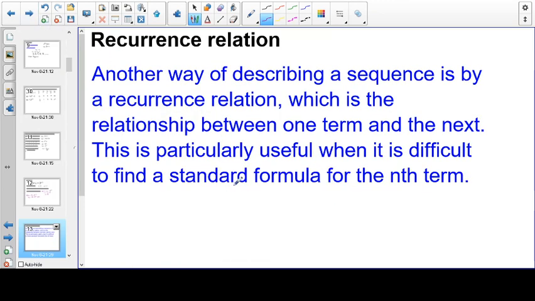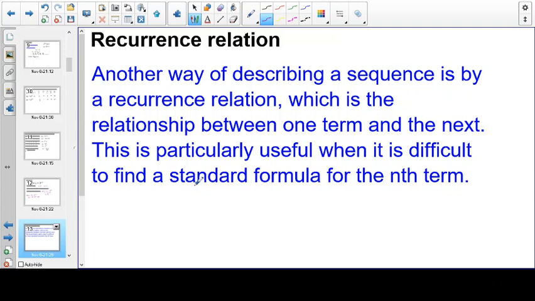Okay, so some of those sequences were linear, some were quadratic, some were not, some were a bit weird. Sometimes we cannot write down a position to term rule, an nth term, because the rule to get from one term to the next is too complicated.